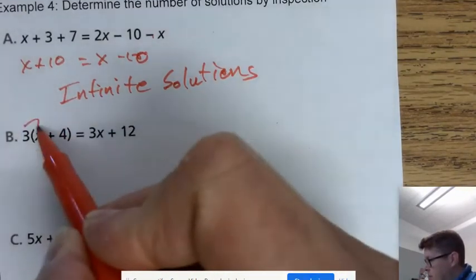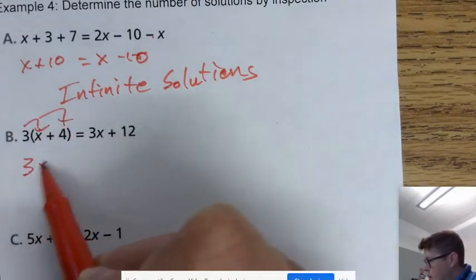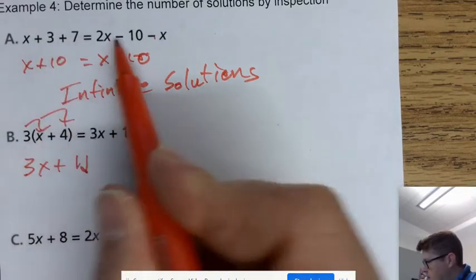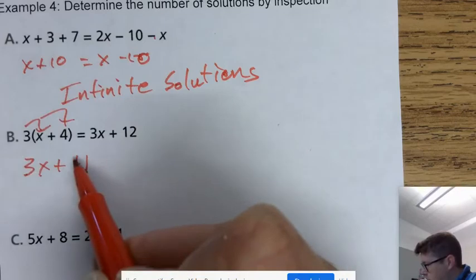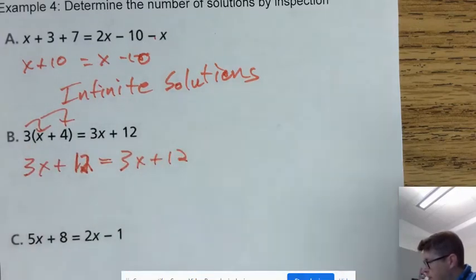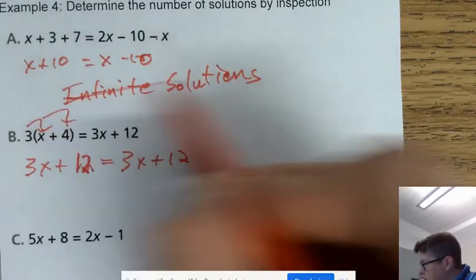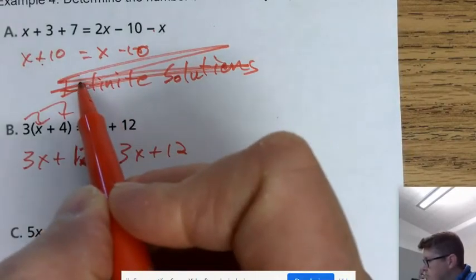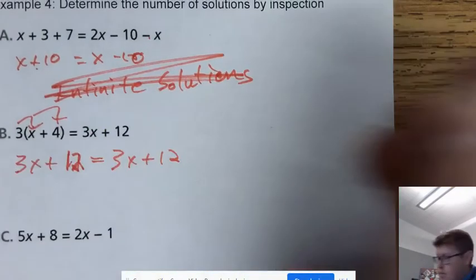This right here, we're going to distribute. We're going to get 3x plus 12 after you distribute equals 3x plus 12. Oh, my bad. Previous one, plus 10 minus 10. Sorry, my gosh, guys, I screwed that one up.